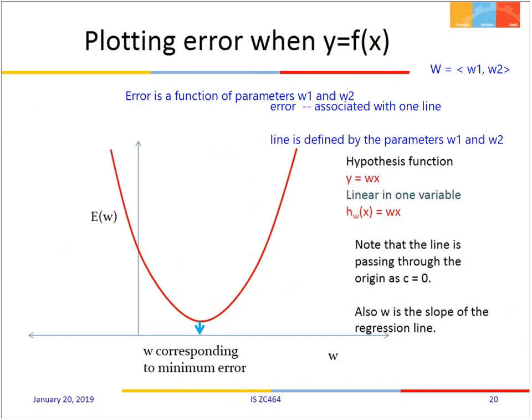We do not know. So now we are visualizing this entire process of finding the best parameters that define the regression line. So now we are visualizing this entire concept as an optimization problem, where we have to reduce this error to the possible extent where we will get a corresponding W to minimum error.